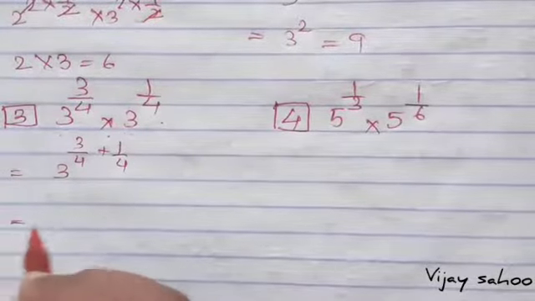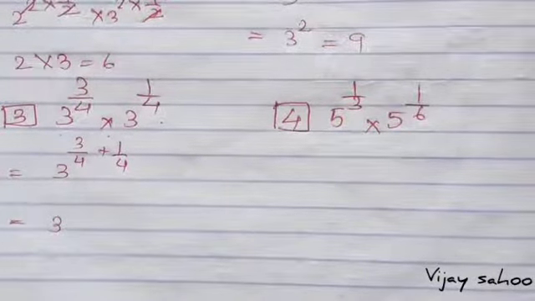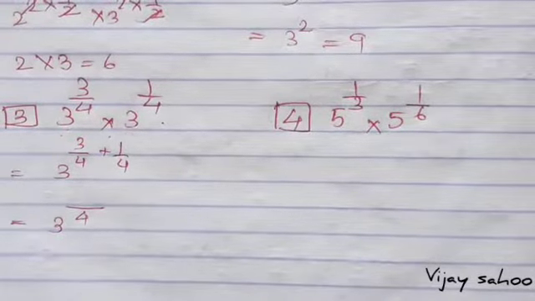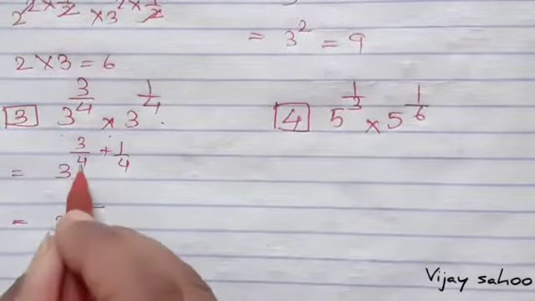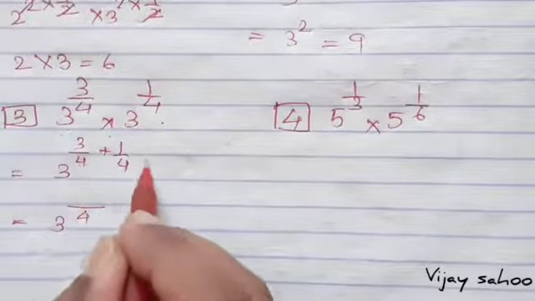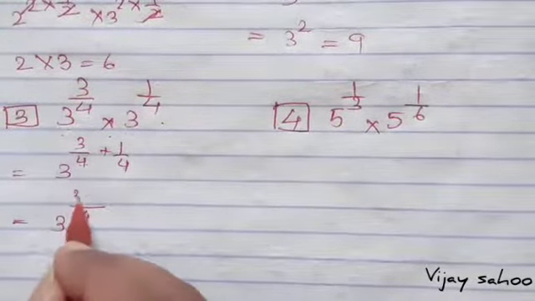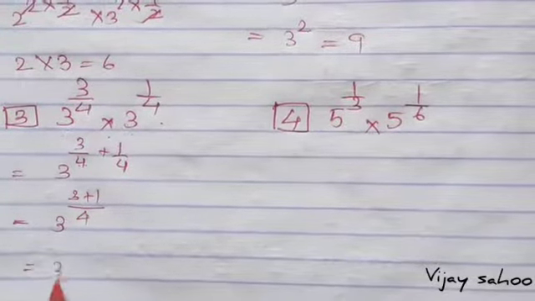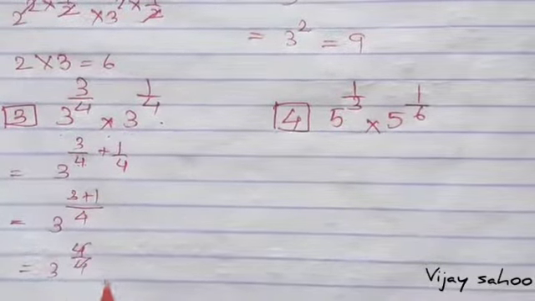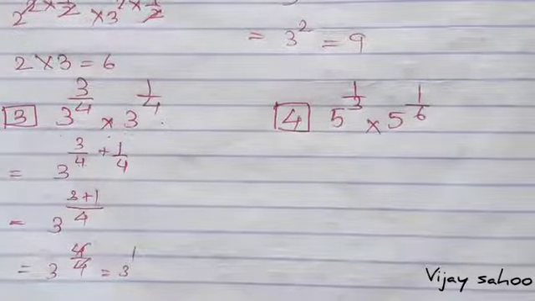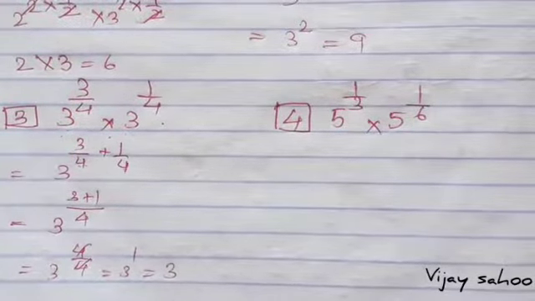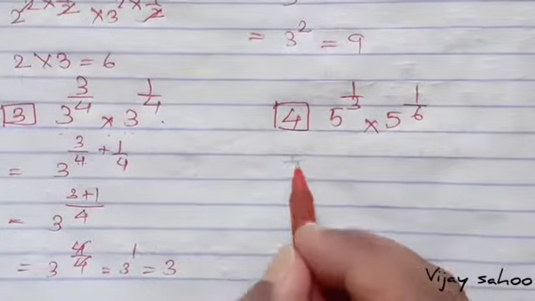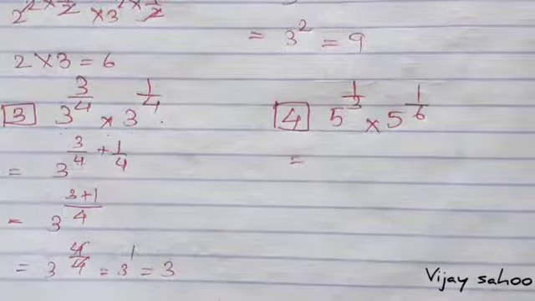The base 3 will not change, but for the power, both the denominators are the same, 4, so we will write as it is, 3 plus 1. If I solve it, 4 by 4, 4 gets cancelled, 3 raised to 1, and 3 raised to 1 means what? The answer is 3.